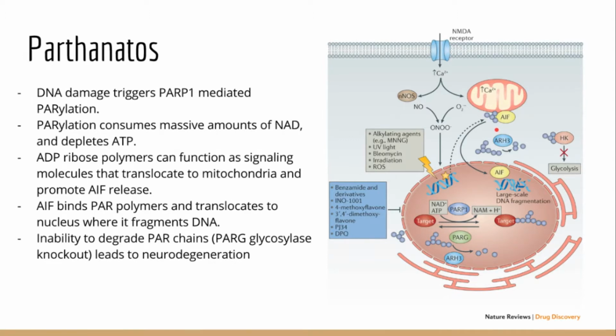And this somehow activates AIF to dissociate from the mitochondrial surface and move into the nucleus. And so if you remember from an earlier slide, AIF, or apoptosis inducing factor, is capable of inducing caspase-independent cell death. And that is what happens when it's activated by these PAR chains. That is, it translocates back to the nucleus and begins mass cleaving DNA, large-scale DNA fragmentation.